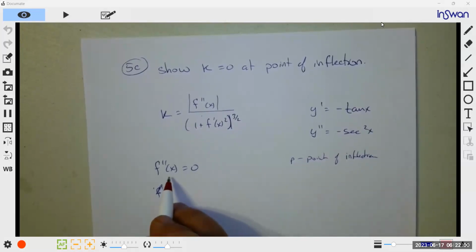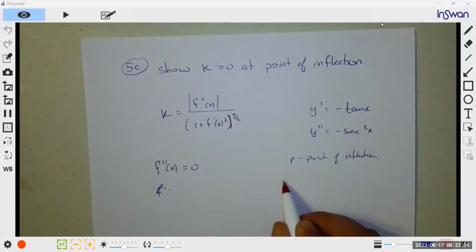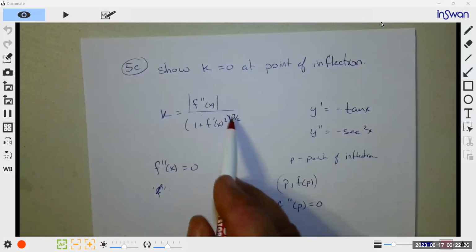The only way that's possible is if the top is equal to 0. And the bottom can't be 0 because it'd be undefined then.